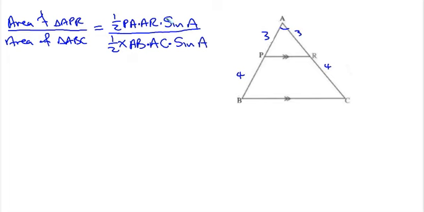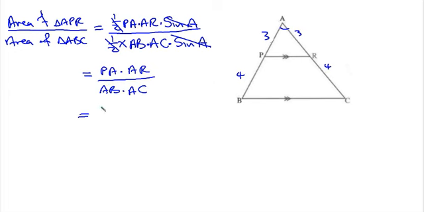So sine over sine, they cancel, half and half they cancel. We are left with PA times AR over AB times AC.